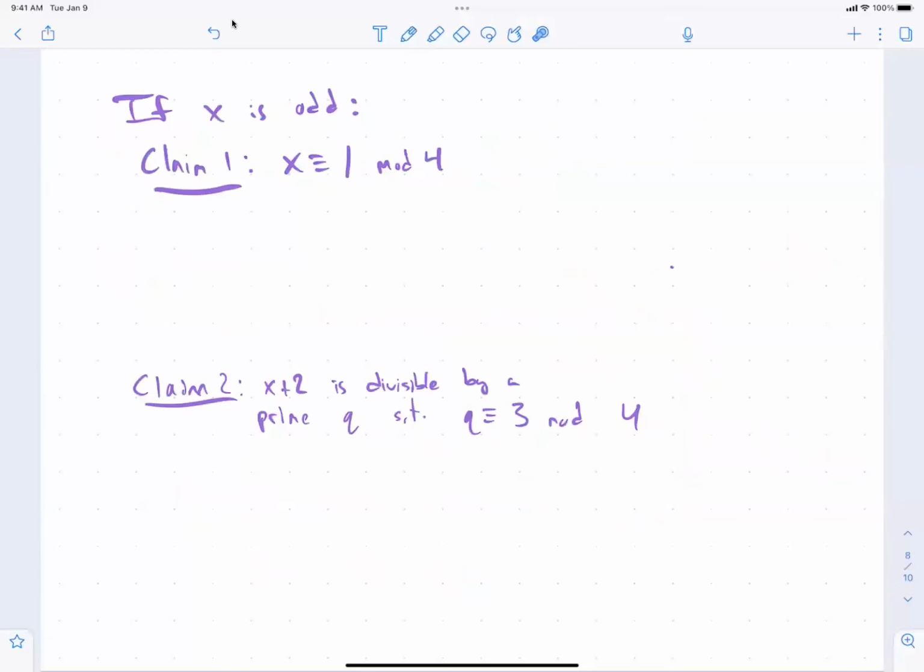So let's see that. Using a similar argument, if x is odd, then I'll see that x is actually congruent to 1 mod 4. How?